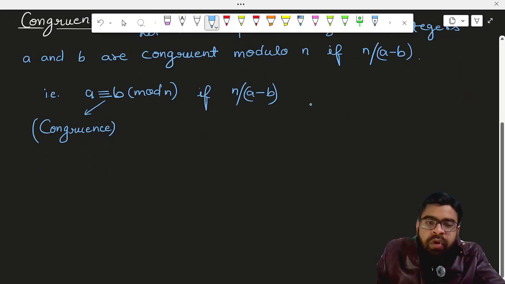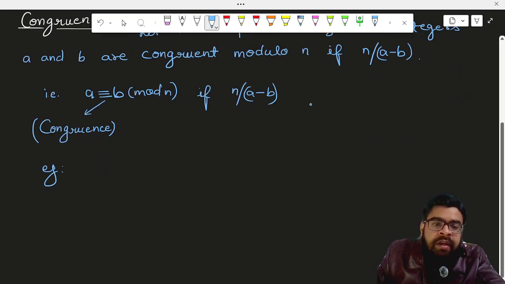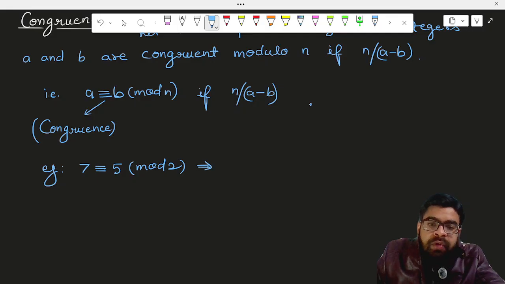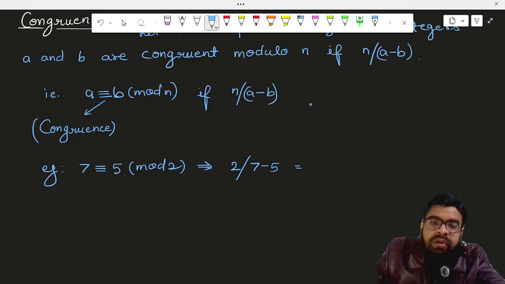For example, suppose we take 7 congruent 5 modulo 2. Is this true? So we will check it. Then 2 divides 7 minus 5, so 2 divides 2 and this is true. So yes, it is correct.